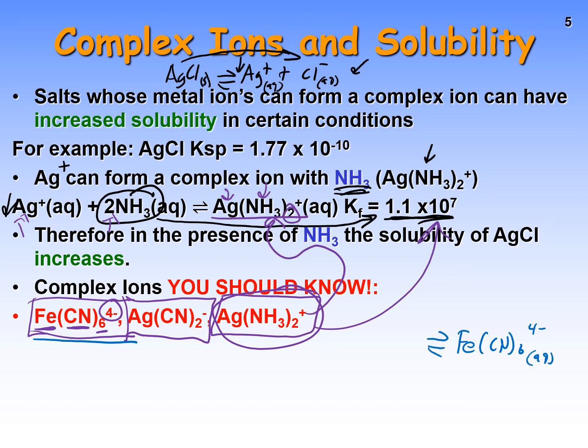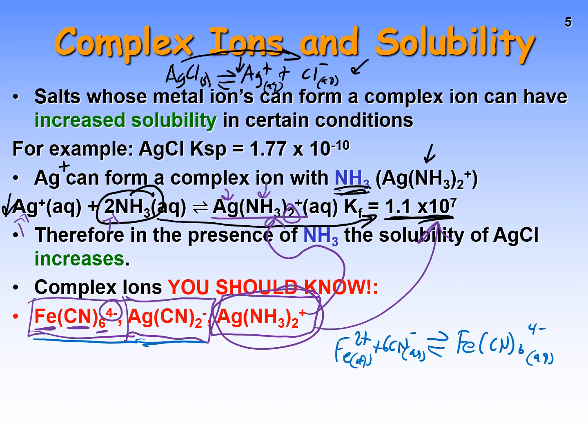That's my product. Now on the other side, I need to figure out what the charge on iron is. Cyanide is -1 each, and there are 6 of them. What plus -6 gives me -4? It has to be 2+. So I have Fe2+, and then CN- aqueous, and I have 6 of them. And this is my balanced equilibrium. So you should be able to do this for the other ones as well.